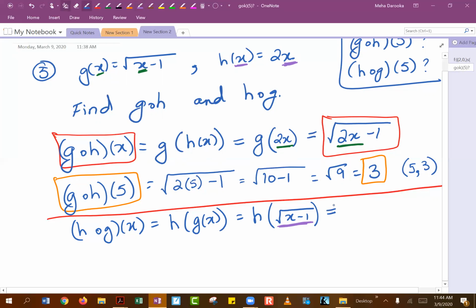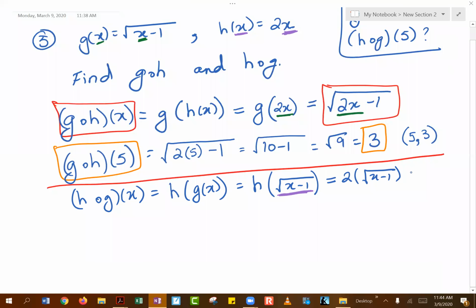My h is 2 times x, right? It's going to become 2 times whatever is inside the parentheses. So it becomes 2 times the square root of x minus 1. Or you can write it without the parentheses, because it's 2 times the square root of x minus 1. Just by changing that relationship between h and g, look how different these two functions look.